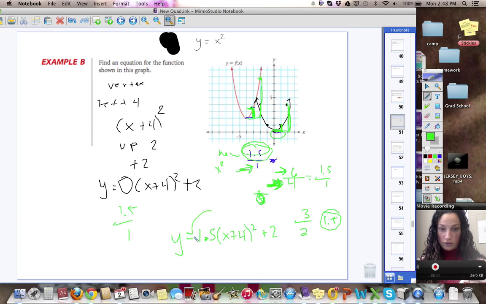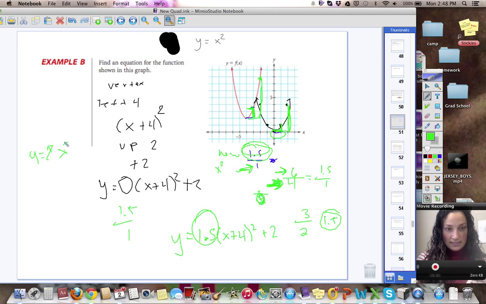Your vertical stretch is always out front. So say that the vertex didn't move. It could look like this: y equals 2x squared.